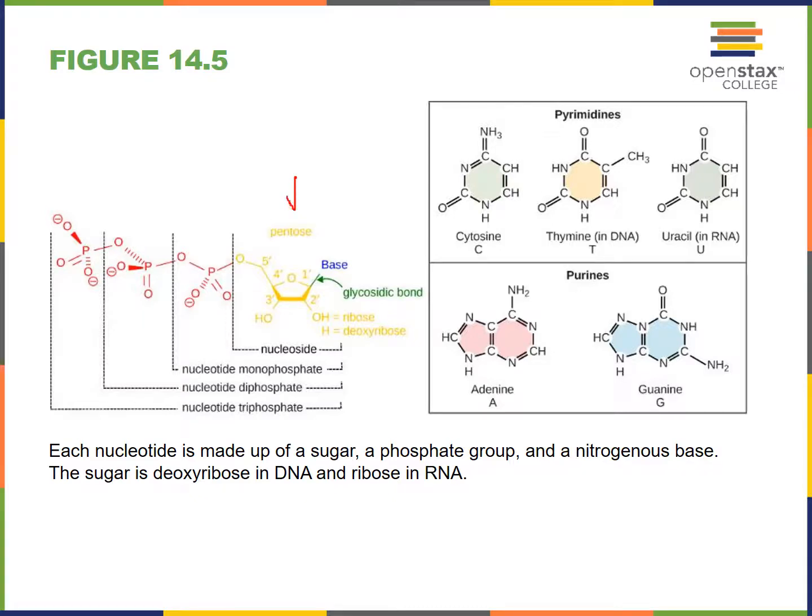So here in yellow, it's a little hard to see, is the pentose sugar. If this part of the molecule has an H, it's deoxyribose. If this part of the molecule has an OH, it's ribose. In DNA, this pentose sugar is deoxyribose. In RNA, the pentose sugar is ribose.